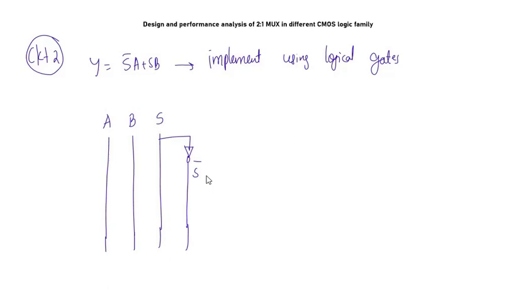The first expression is S bar into A. So I'll take this S bar and A from here and use an AND gate, and next will be S times B, that is one more AND gate, and put together with an OR gate. So this is my Y.